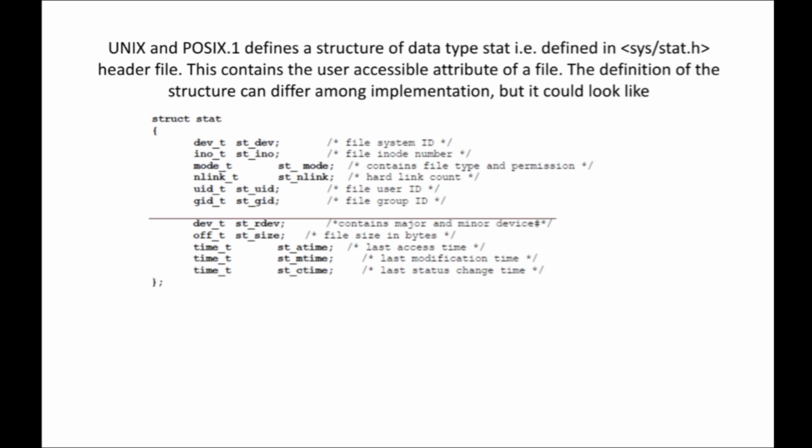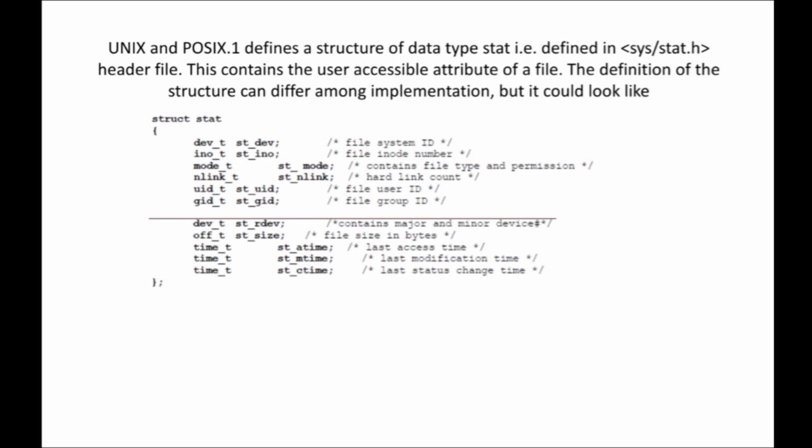Structure means here I can group all the different types of data in one place. In C programming, data structures you have studied that, I think, right? So I can group different types of data in the same single place. So here these are user accessible attributes of a file. User can access it and user can see this.